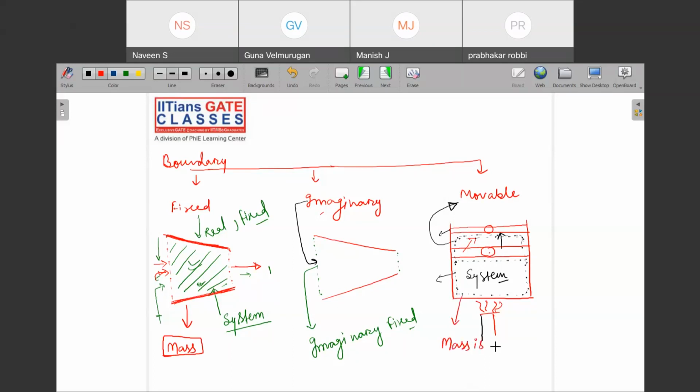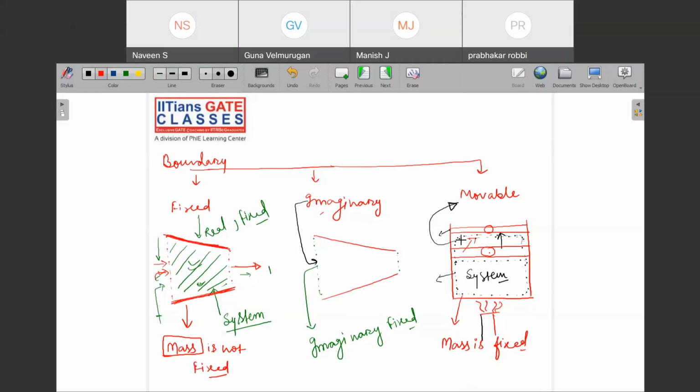Mass is fixed, right? And here your mass is not fixed. Mass is not fixed. Means mass interaction is allowed. Means mass can come in, mass can go outside. But in this case particularly, what I could see is that mass is not allowed to leave the system.